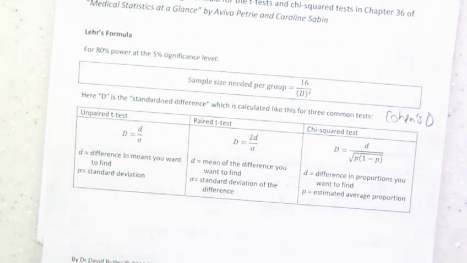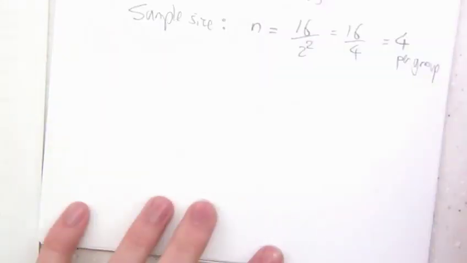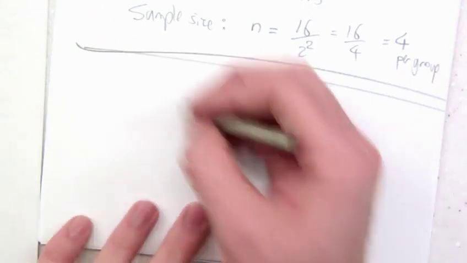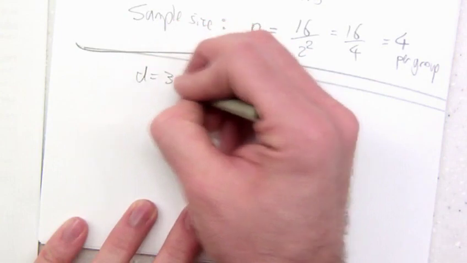So the d will be the difference in proportions or percentages, and the p will be the percentage or proportion that I'm looking for. So suppose I wanted to see a difference of 3 percentage points between one group and the other group.